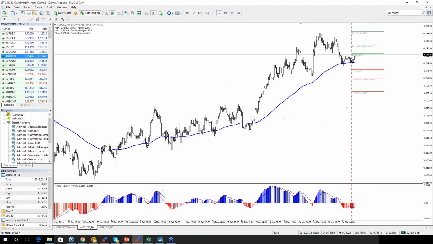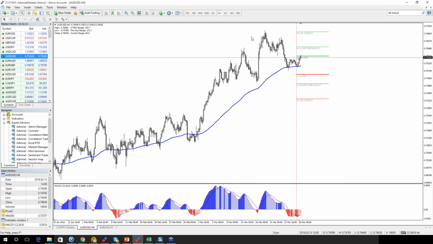Australian dollar, look at this, guys. Huge uptrend, but look at this. This could be standard head and shoulders. Look. This is also a form of M bearish. Look.